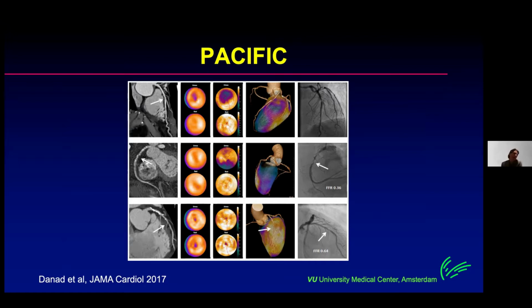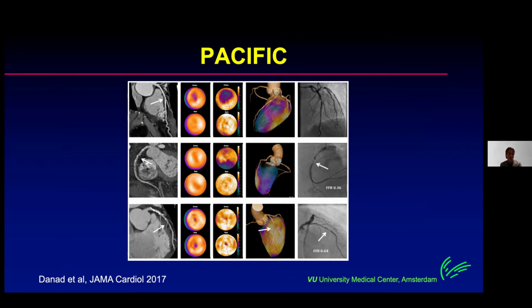And these were basically the results. On the left upper hand panel, you could have a lesion in one coronary artery. You could have ischemia with PET or SPECT, and you could have an FFR that was below 0.8 as a threshold for revascularization.